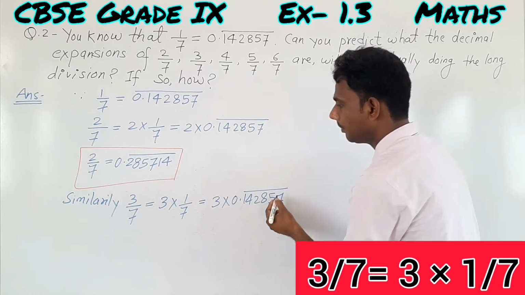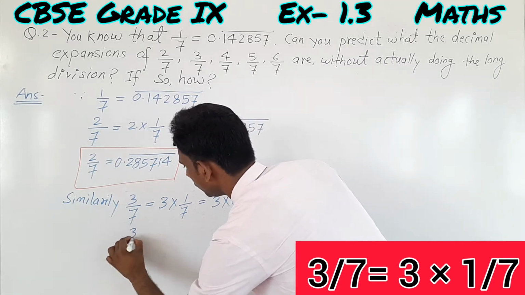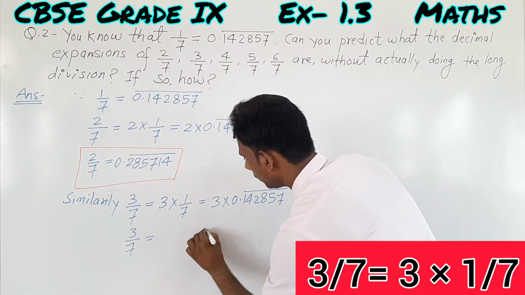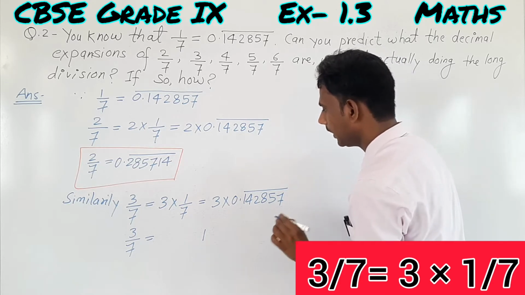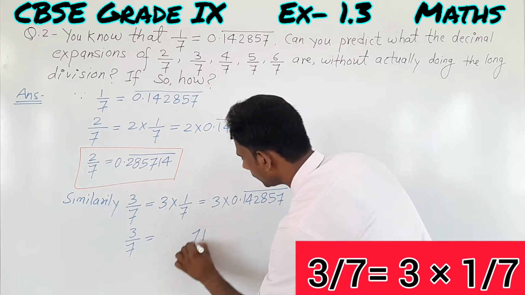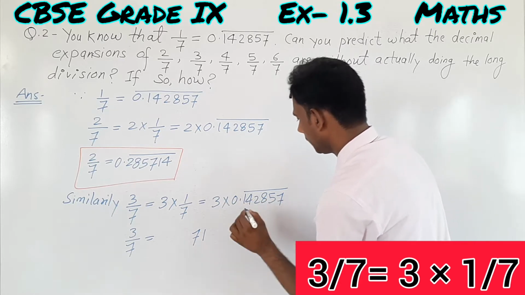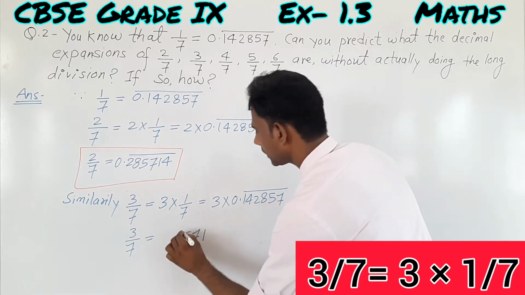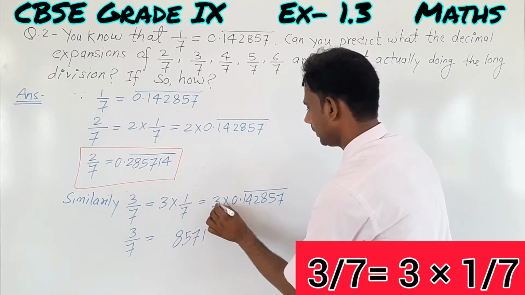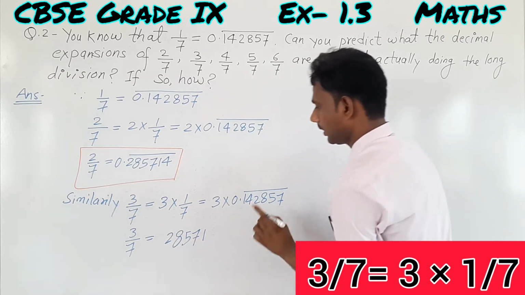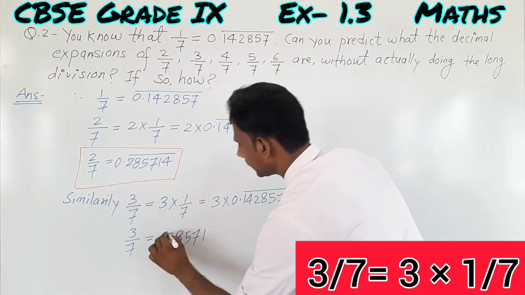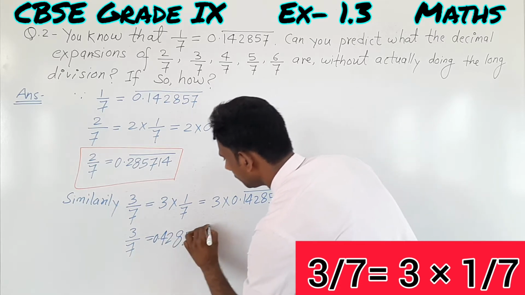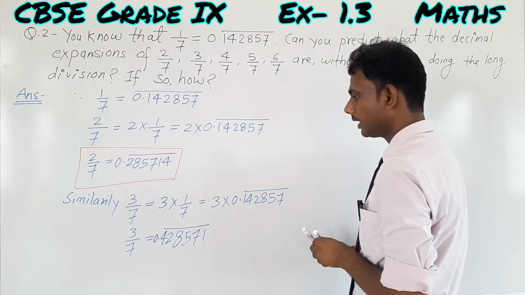Now multiply by 3. 3 7s are 21, 1 carry 2, 3 5s are 15 plus 2, 17, 3 8s are 24, 24 plus 1, 25, 3 2s are 6, 6 plus 2, 8, 3 4s are 12, 2 carry 1, 3 1s are 3, 3 plus 1, 4, so we get 0.428571 bar. This is the value of 3 upon 7.